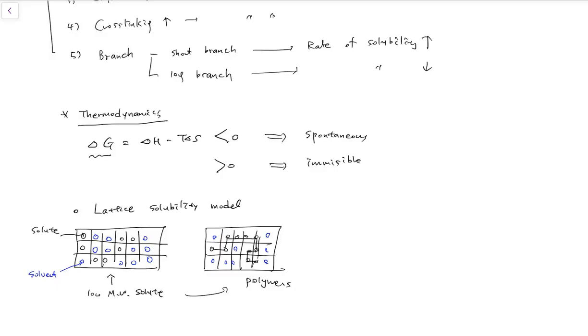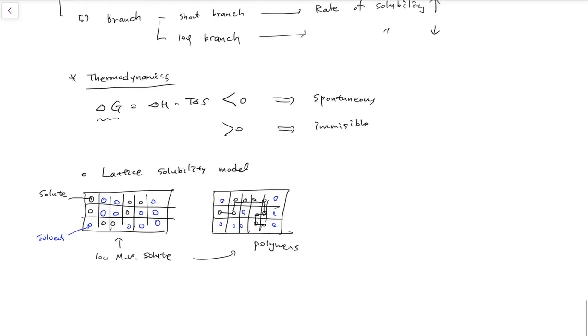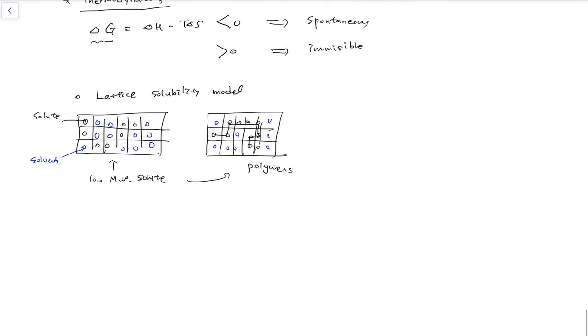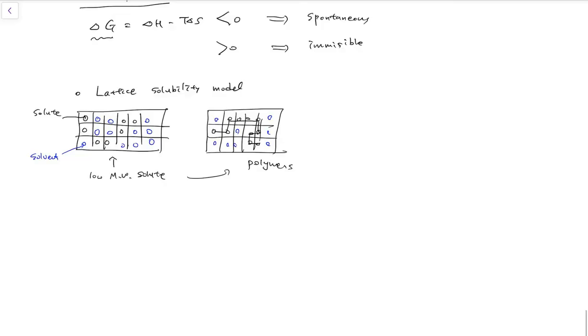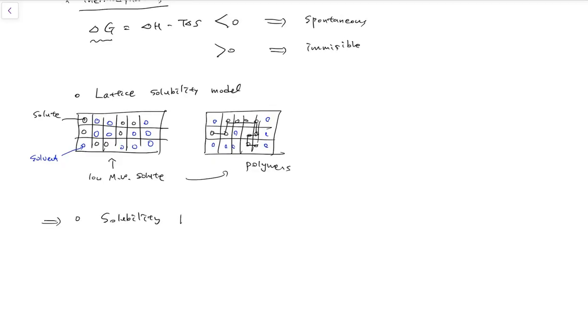It will be much more complicated, right? Statistically, we can model a solution of polymer in this way, but it's a complicated approach. So people found a much easier, much more convenient way to determine which solvent will dissolve which polymers, which is called the solubility parameter.